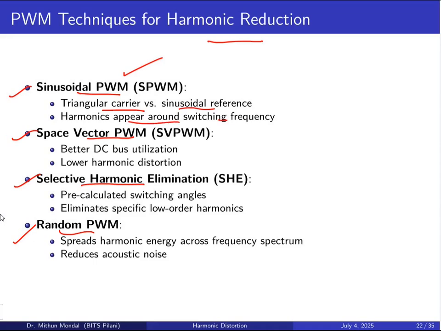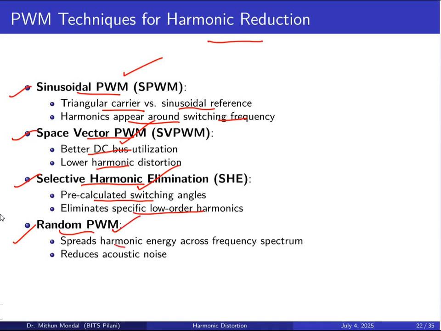Sinusoidal PWM basically has a triangular carrier versus a sinusoidal reference. Harmonics will appear around the switching frequency. Whereas with space vector PWM, you can have better DC bus utilization and bring the harmonics down to a lower level of distortion. You can have selective harmonic elimination using pre-calculated switching angles, eliminating specific low order harmonics, because generally the third or fifth harmonics, which are low order harmonics, can be eliminated easily using selective harmonic elimination.